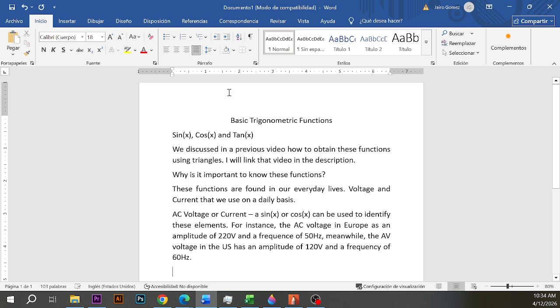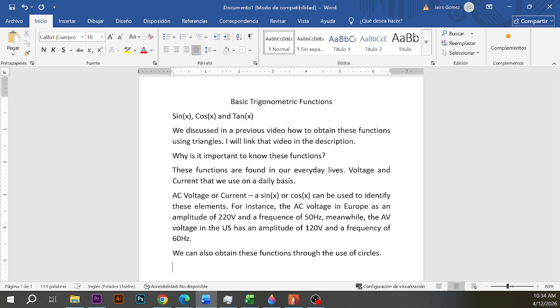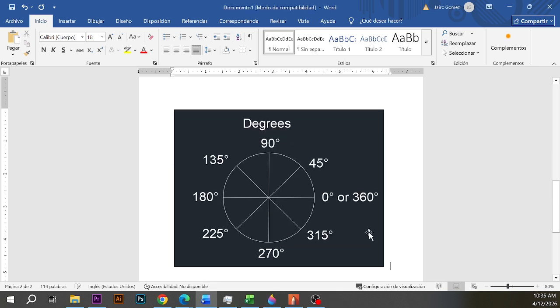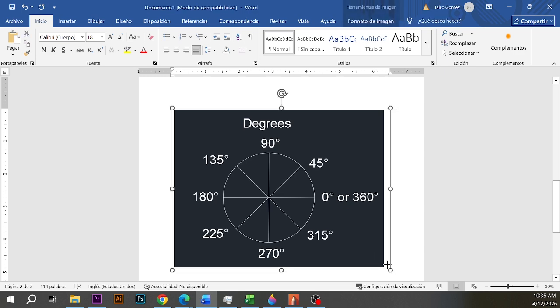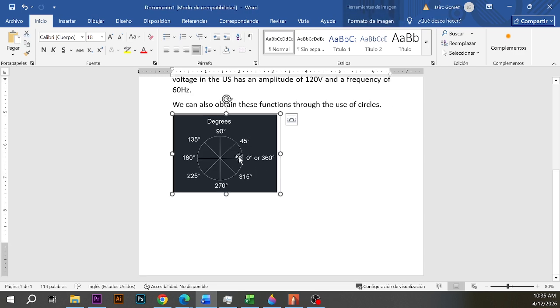So, other than triangles, we can also obtain these functions through the use of circles. And you may be asking yourself, how is this possible? So, there are two ways that these functions can be found or characterized using circles. A circle is a non-ending line if you look at it the right way.